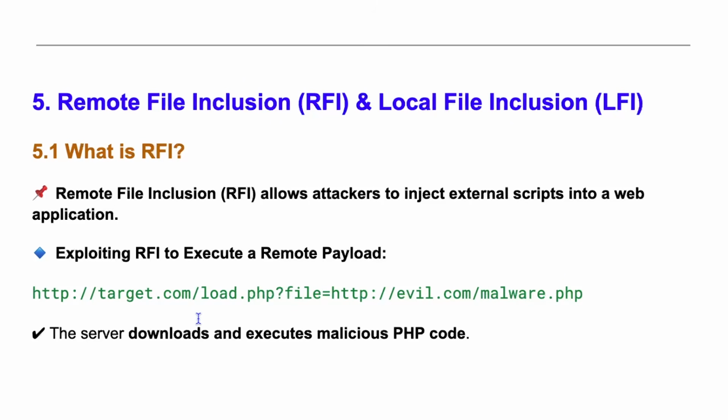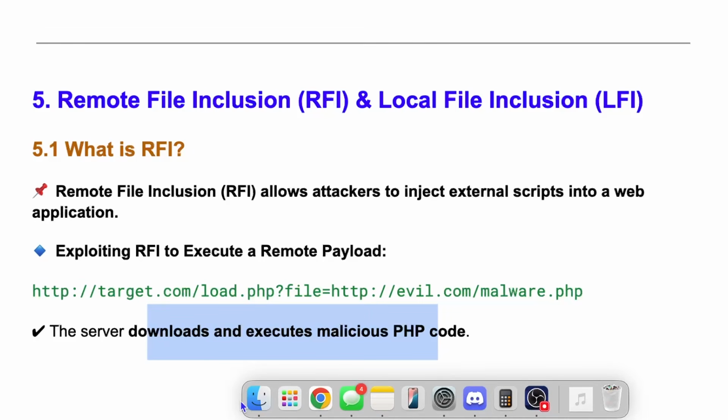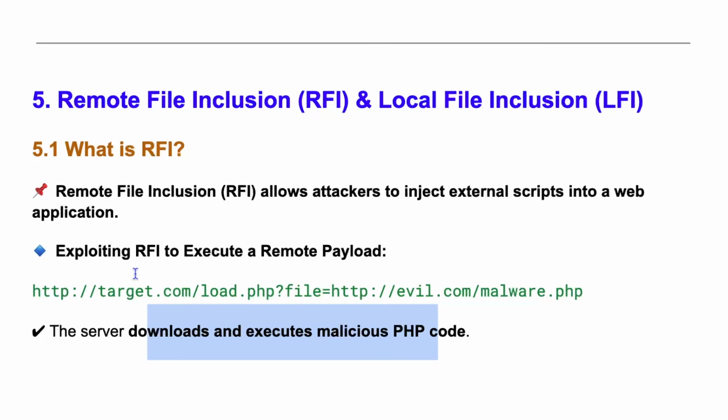If you can do this, then whatever this malware.php is will run on this website, and it downloads and executes the malicious PHP code. It's powerful, but it's pretty simple. And if this has not been configured to stop this, right?